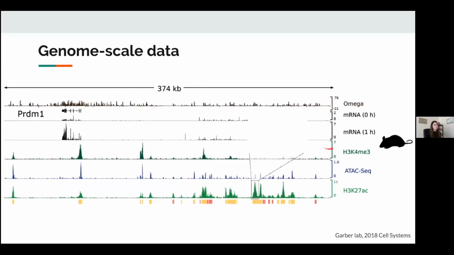So here I'm showing you an example of an H3K4me3 ChIP-seq library and an H3K27 acetylation library. And these are all useful, both the ATAC-seq and the ChIP-seq libraries, so that we can identify potential regulatory elements, which are shown here as these bars.